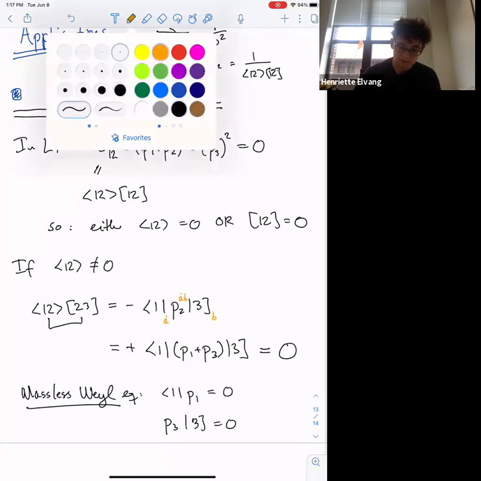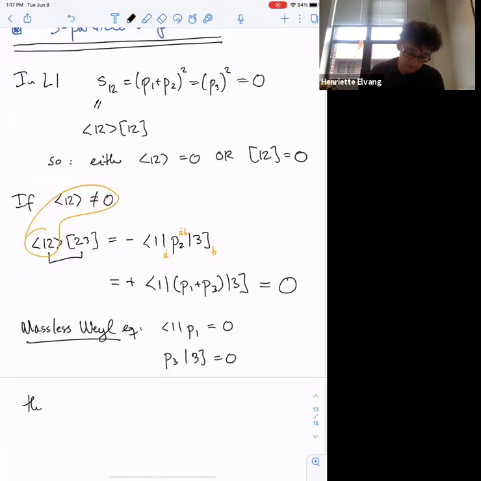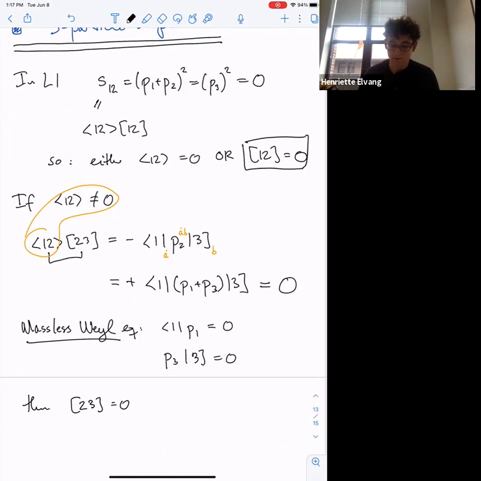But going into this, I had assumed that angle 1, 2 was not 0. So the only way this can then possibly be true is that square 2, 3 is 0. But because angle 1, 3 was not 0, it meant that square 1, 2 was 0.